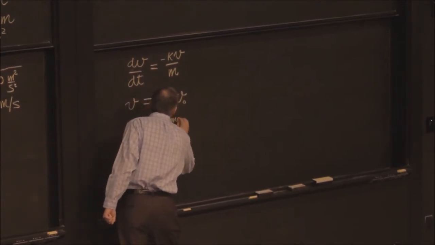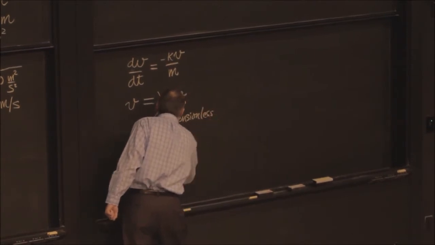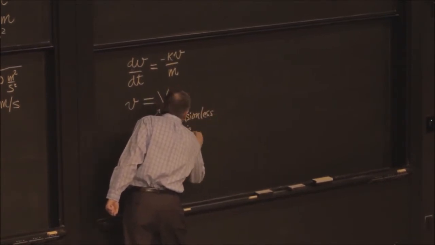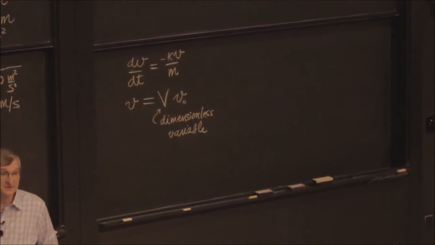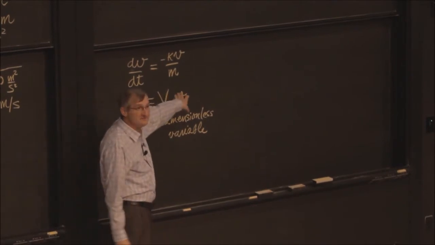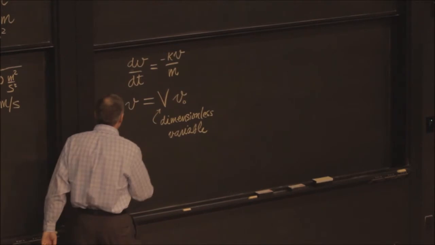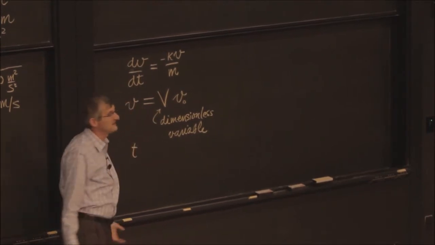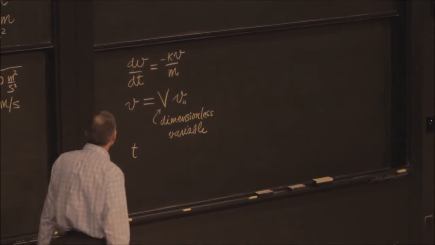So this is a dimensionless variable. And V0 is just the initial velocity. So that sets the scale for the velocities in my solution. And then capital V is just what fraction of that I am at. And for the time, I'm going to make up something similar, except I really don't have any good idea yet about what I should use.